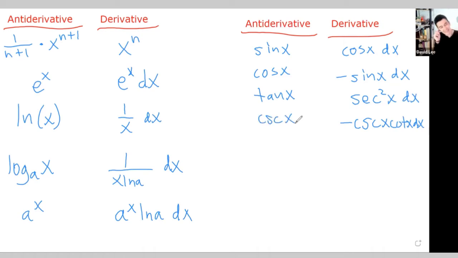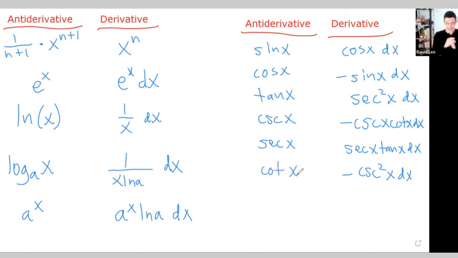And then secant tangent comes from secant. I think there's one more, this guy here. Okay, so jot those down, guys. I think these are all that I wanted to give you.